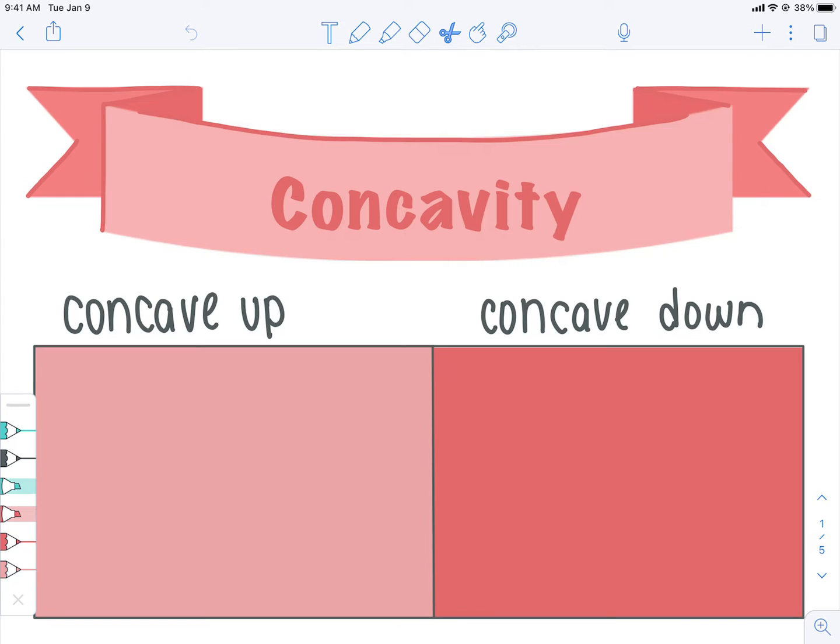So concavity is the shape of the graph. It's the general word we use to talk about if it's concave up or concave down. A graph that's concave up looks like this, where it's bent and facing up.